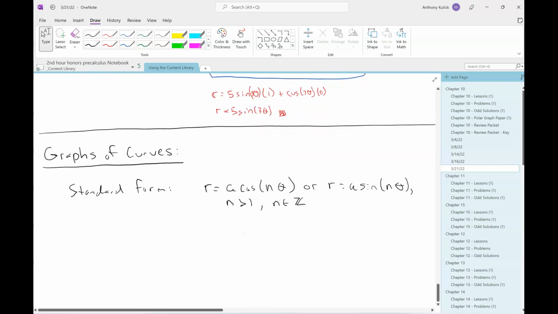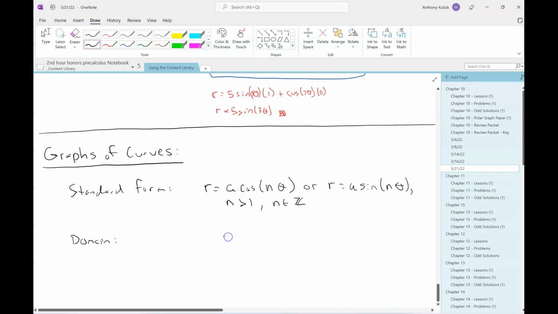Those are of the form a cosine n theta or a sine n theta, where n is an integer that's greater than 1. The domain for theta is always all real numbers.